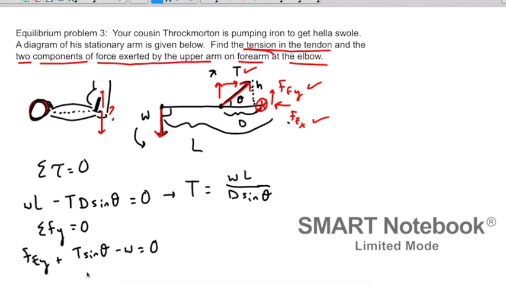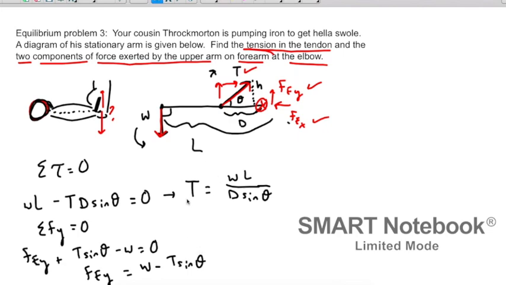And so I could rearrange this and say that the y component of that force is my weight minus T sine theta. But I wonder if I could get T sine theta in terms of some other things.